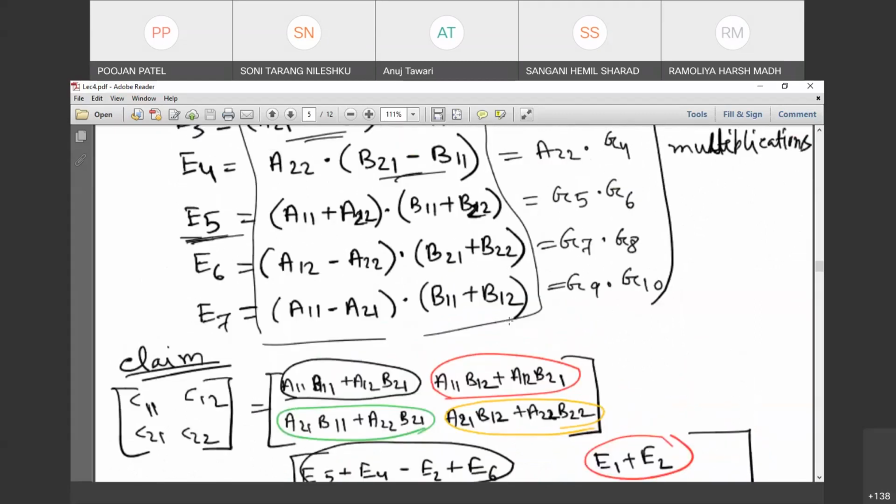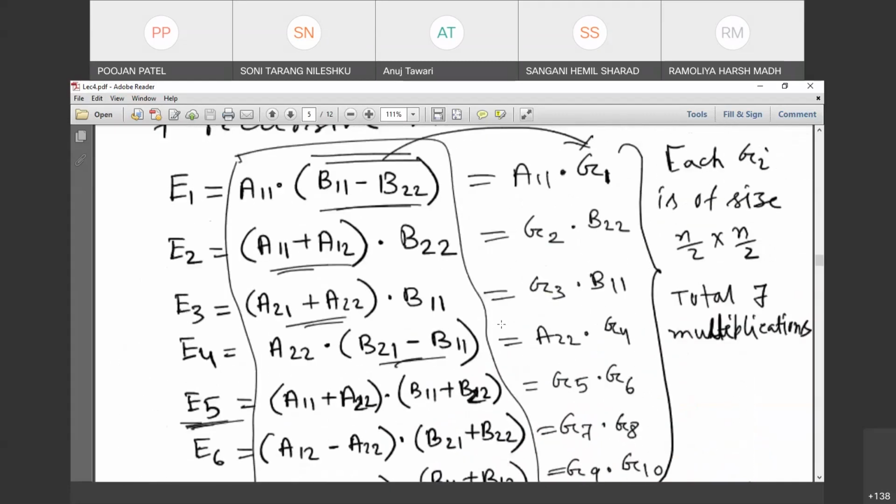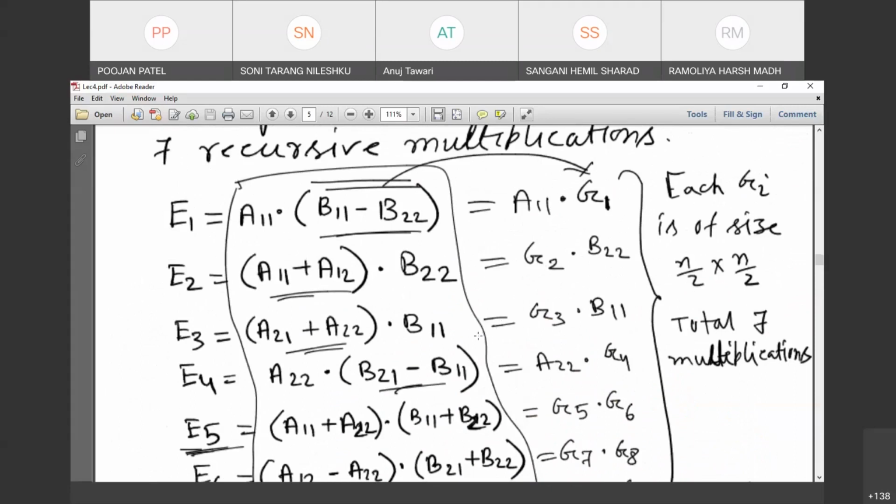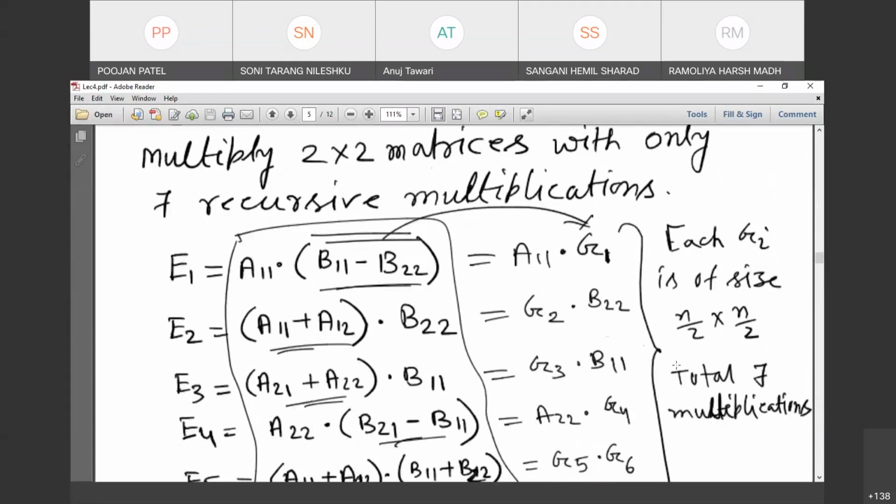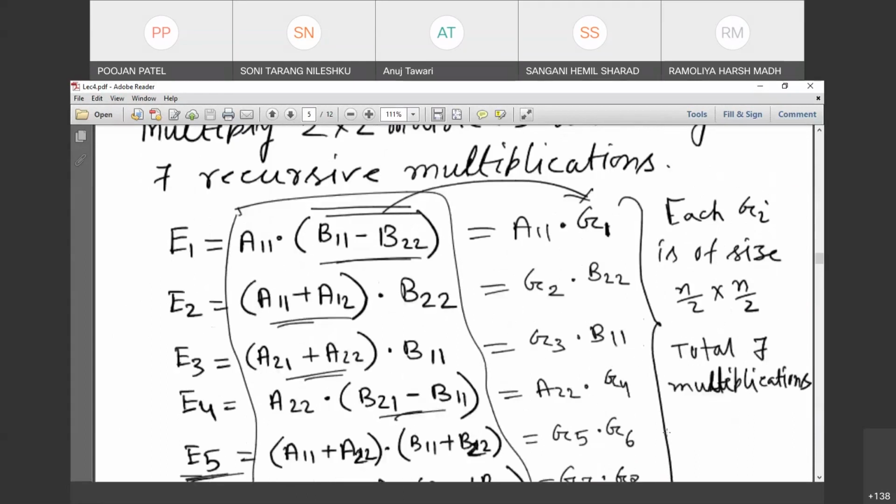And mostly this should work out. So there are 7 multiplications, each of size n by 2 cross n by 2. And what's the running time? We need some theta n square for additions.